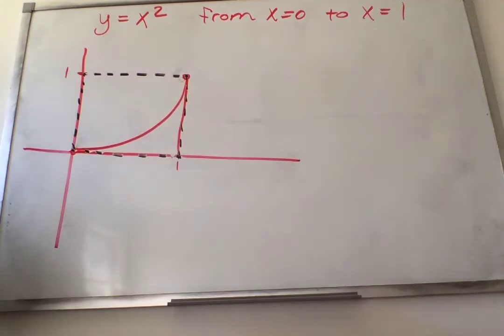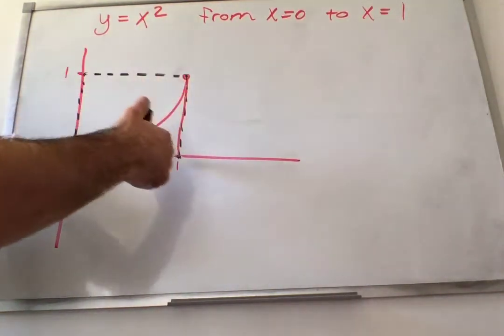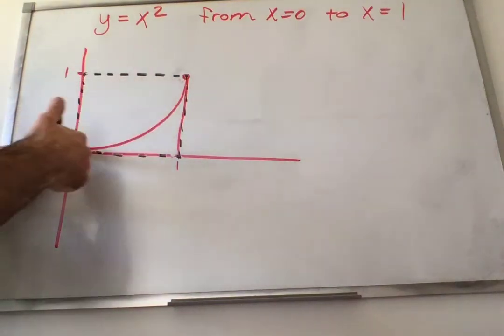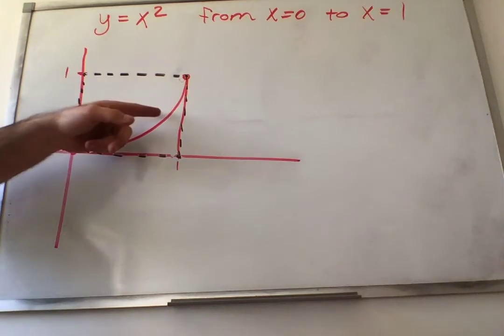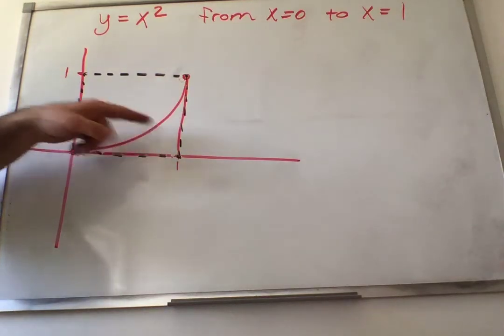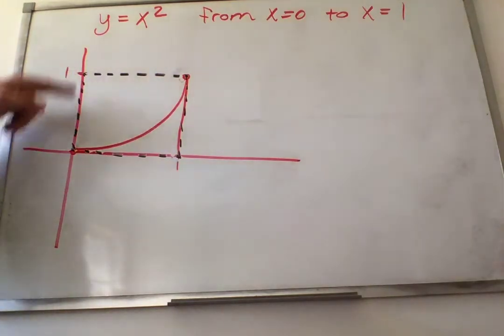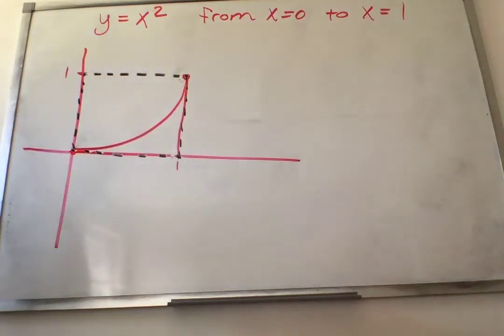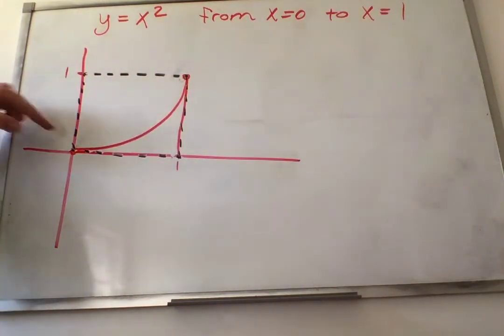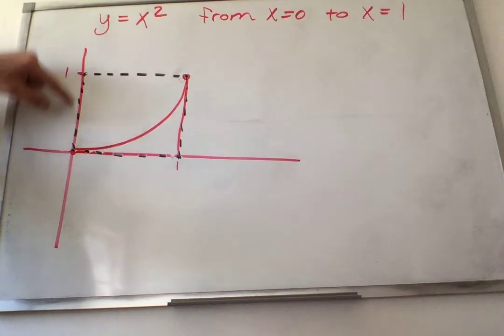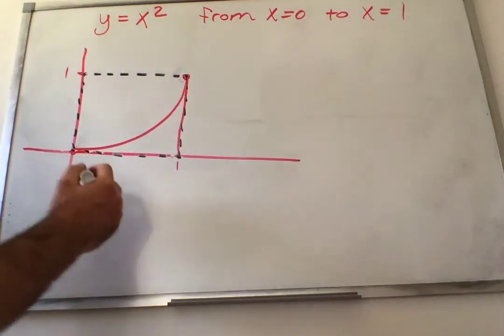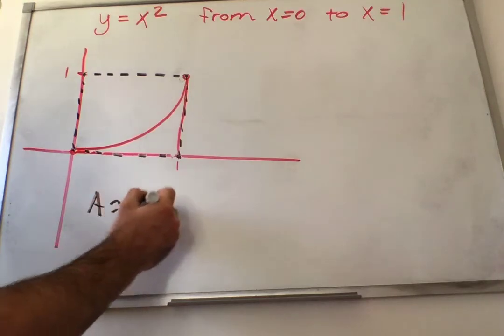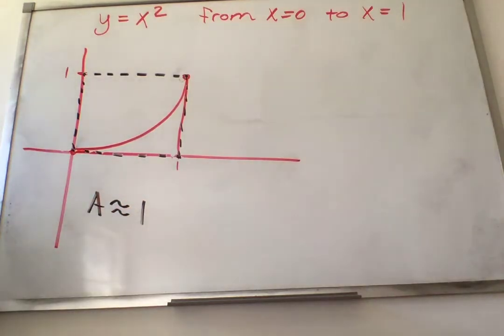For our first approximation, we're going to say that the area underneath the curve and above the x-axis is about this square here. The square's length is 1 and its width is 1, so the area is approximately 1 times 1, which is 1.